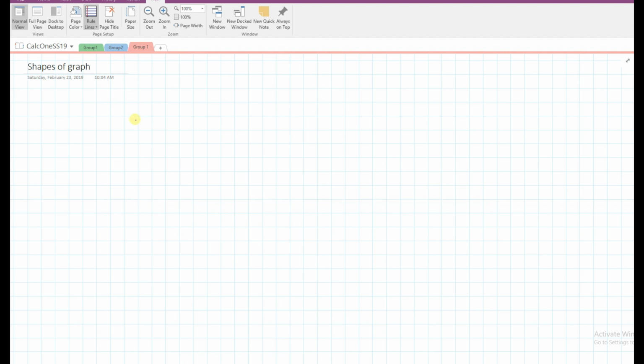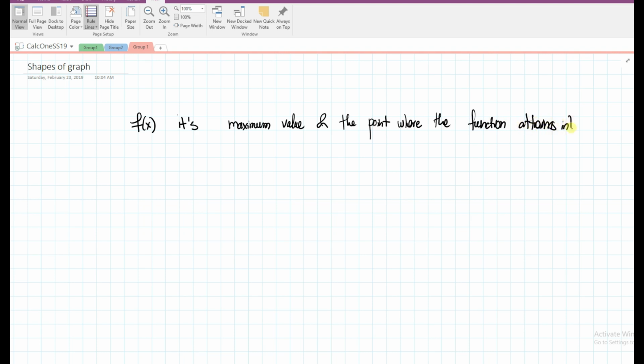So last time we talked about this. If I have f of x, we're interested to find its maximum value and the point where the function attains its maximum, right?